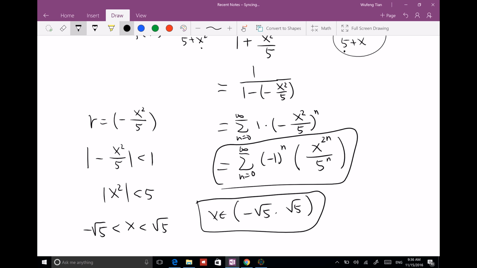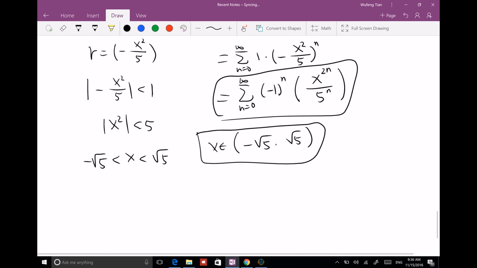So now next example, find the power series for f(x) equals ln(x plus 1) at c equals 0.